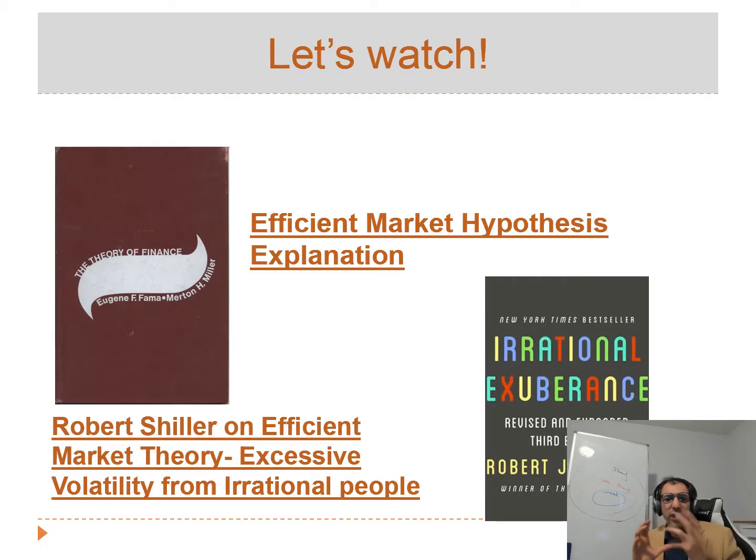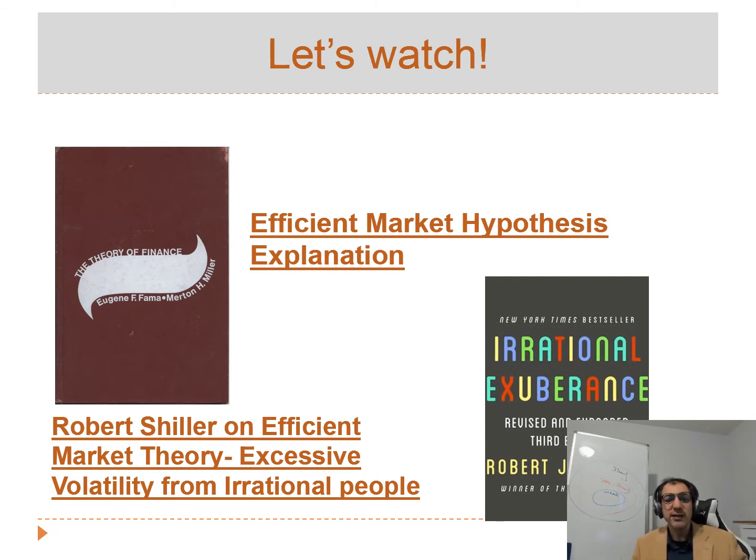So the counter argument here is that the market is not as efficient as we thought it is. There are many scholars and many studies which provide evidence of something called anomalies, like the January effect, week of the year effect, month of the year effect, day of the week effect, bubbles, crashes.